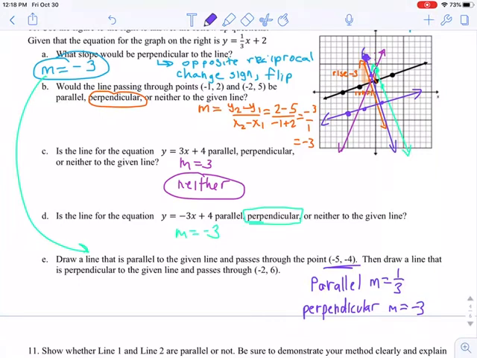Got a little messy at the end, I'm sorry, but that's what it looks like. A lot of chaos going on in that one graph, but a good little review of parallel slopes and perpendicular slopes. Remember, parallel slopes are the same, they're equal. Perpendicular slopes are opposite reciprocals. So this is a massive problem, and we're done.